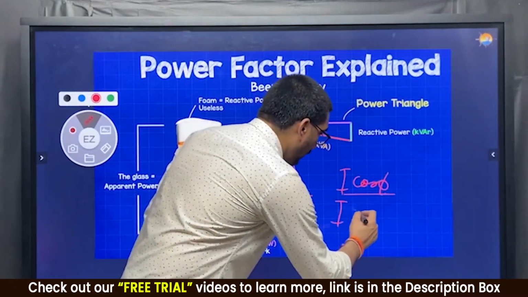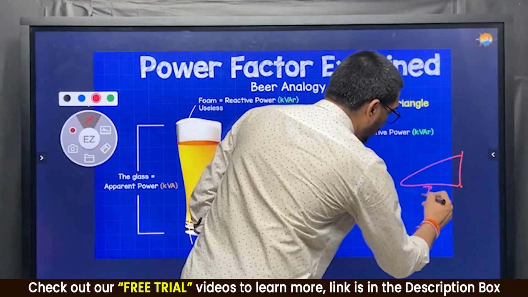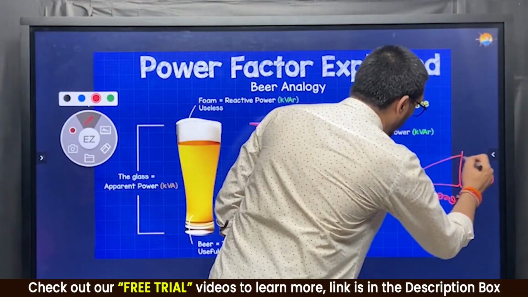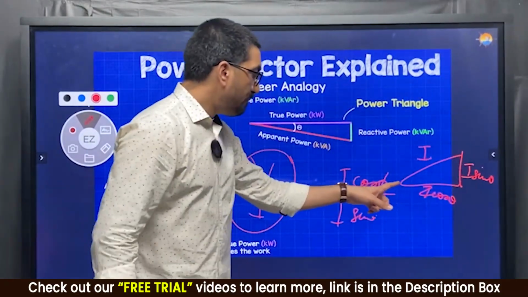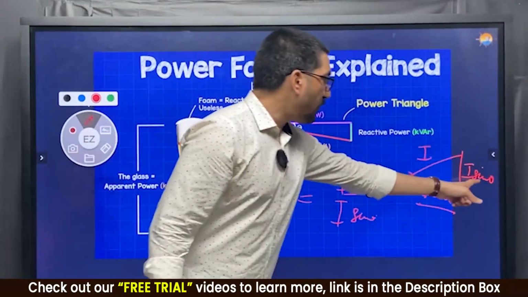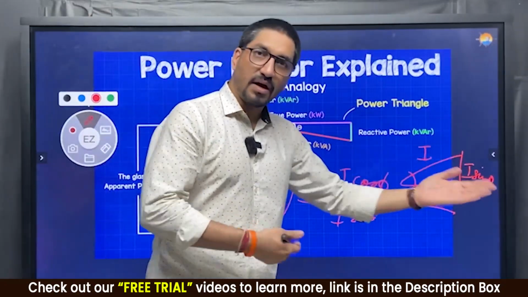However, this another component that is I sin theta, so you can just draw it like this. This is I cos theta and this is I sin theta, and this is I. So only this component is used up in active power. This component is used up in setting up of magnetic field. So this is not getting consumed, it comes back.